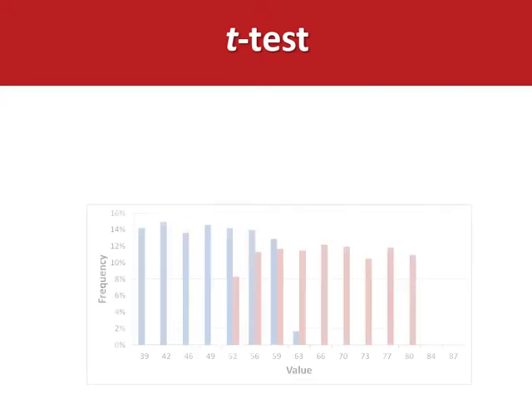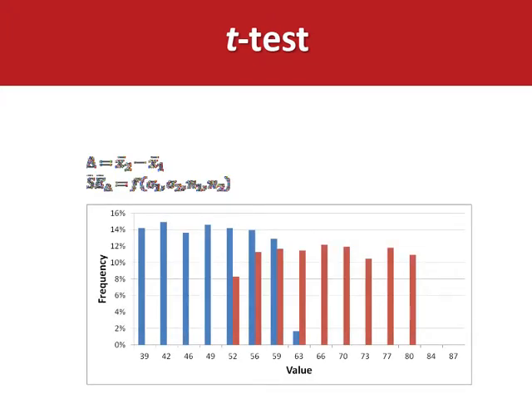We start, as usual, with two samples and calculate the difference between the sample means, and then we also compute a combined measure of standard error for the two samples. The ratio of these gives us the t-statistic for the two samples.